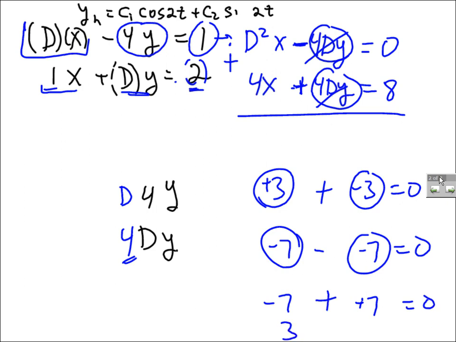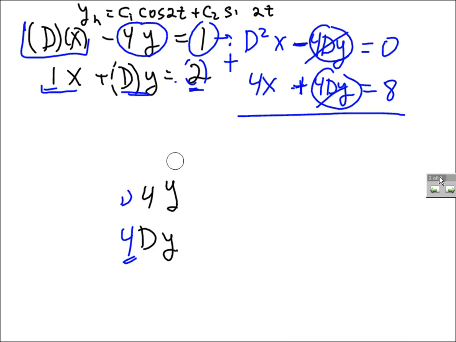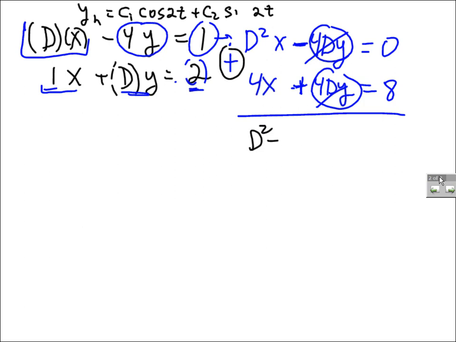If the two numbers are exactly the same, subtract and you'll get 0. So let's do this arithmetic. I did part of it. I crossed out what cancels. Here you'll get d squared plus 4 operated on x equals 8.